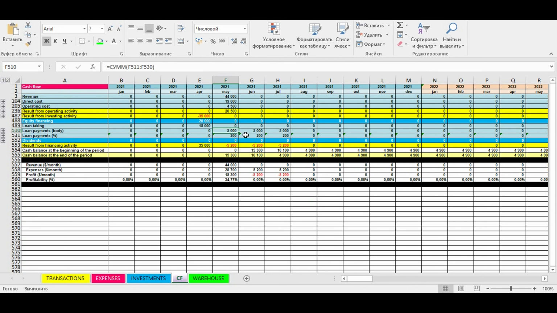So here we can see that we have some profit, $4,900, and we can take it as a dividend. For example, we will take this money in July.